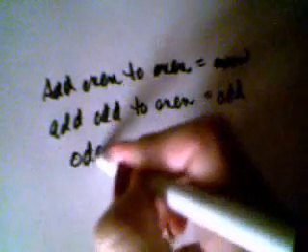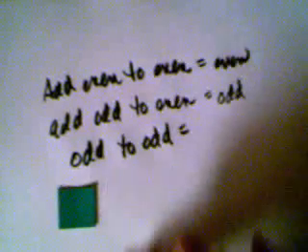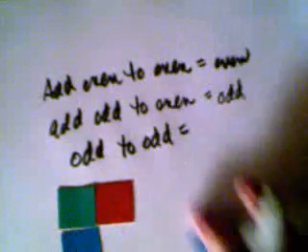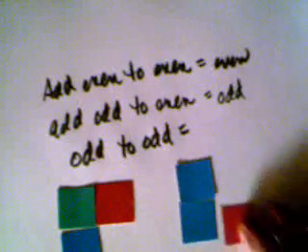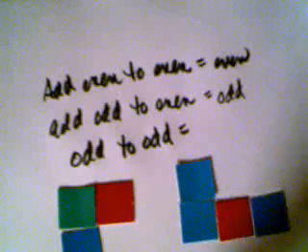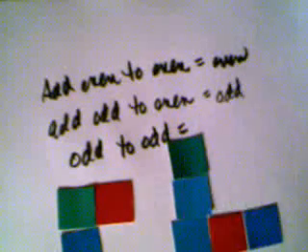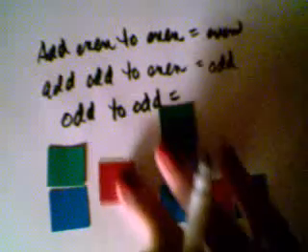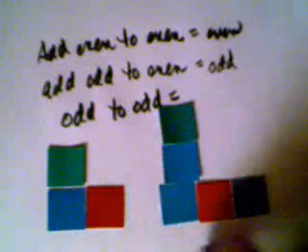If I add an odd to an odd, so that's like adding 3 to 5, can I make a rectangle? 3 to 5.